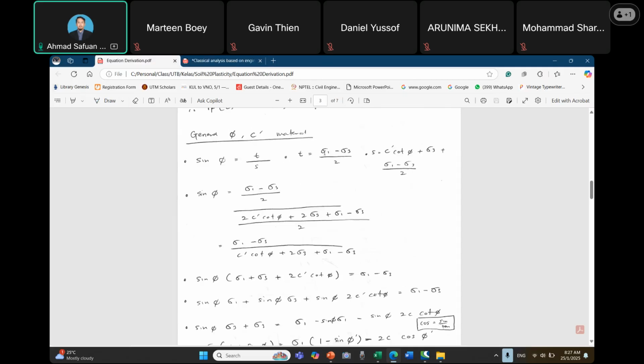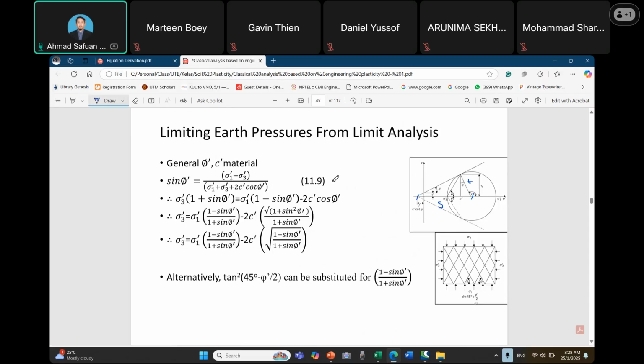So this is the T and this is the S: C cot phi plus sigma 3 plus (sigma 1 minus sigma 3). After we put in the ratio between T over S, we simplify it into this equation, which is similar to equation 11.9.